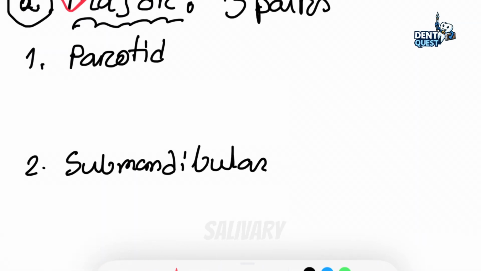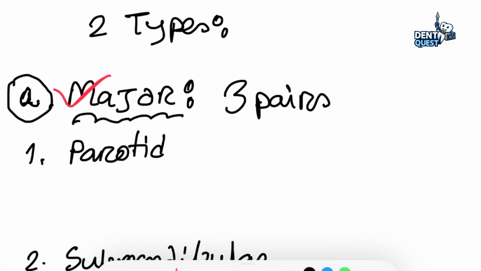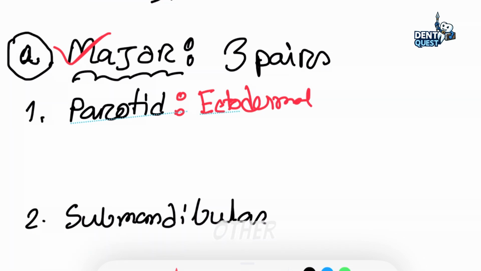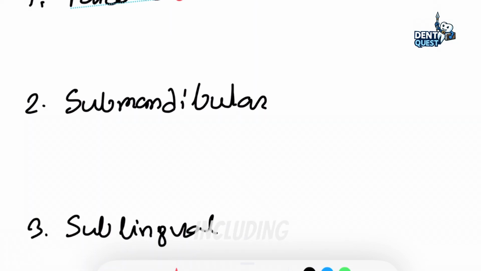Among the major salivary glands, the parotid gland is of ectodermal origin embryologically, but the other salivary glands, including the minor salivary glands, are endodermal in origin.